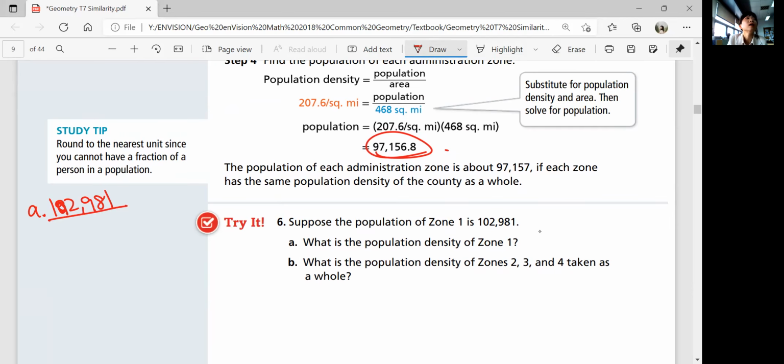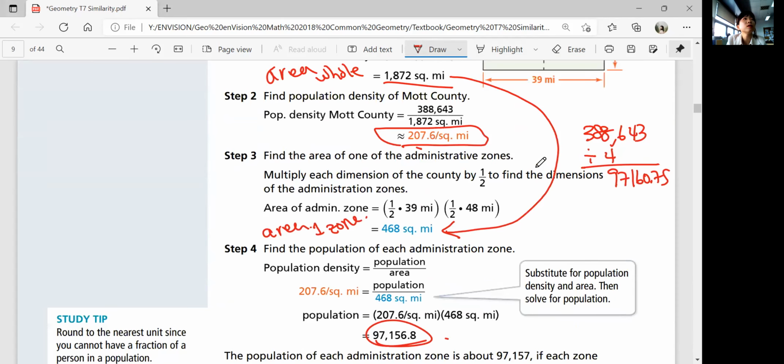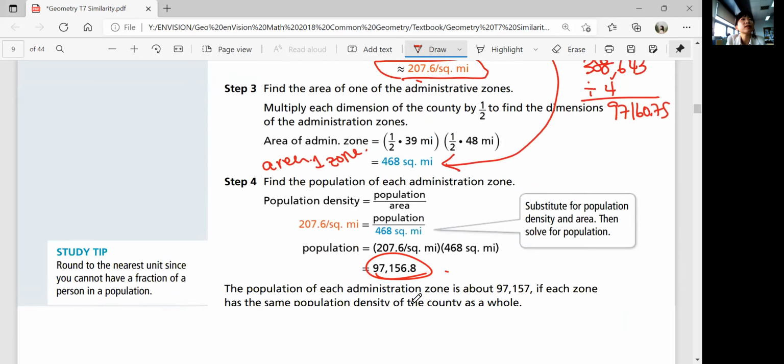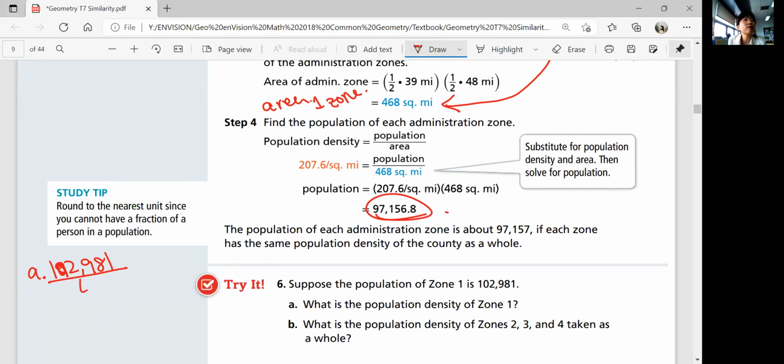Your area of one zone is this divided by 4, right? So that's 468. So this divided by 468 is your population density. That's in square mile dimensions, and that's per person.